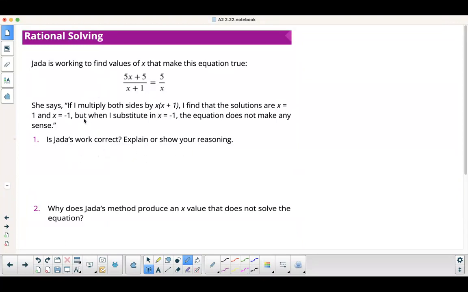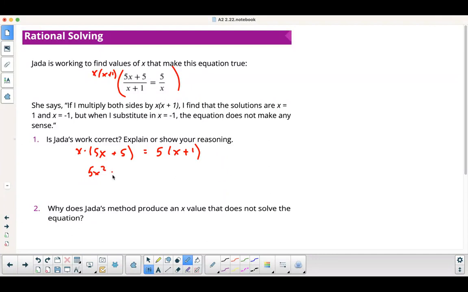So, okay, I'm going to multiply by x times x plus 1. So I'm multiplying the whole thing by that. So when I distribute here, the x plus 1's cancel, so I get x times 5x plus 5. And when I come over here, the x's cancel, so it's just 5 times x plus 1. Let's distribute this out.